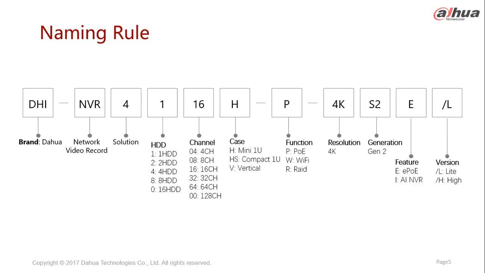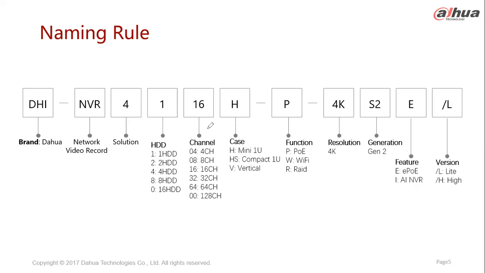The higher the series, the better the performance, the more the functionality. You cannot compare a 1 and a 4, 4 is higher. So the value after 4 means the number of hard disks the NVR can support. If you see 42, that's 2 HDD, 48 is 8 HDD, and 40 means it supports 16 HDD.